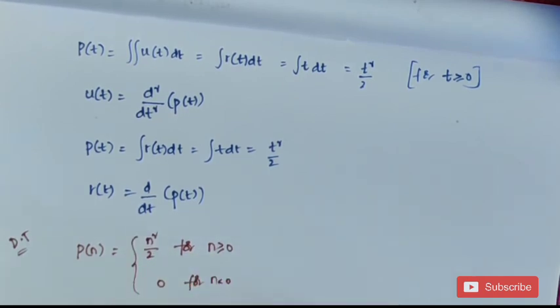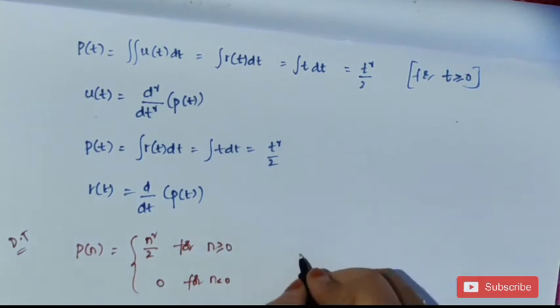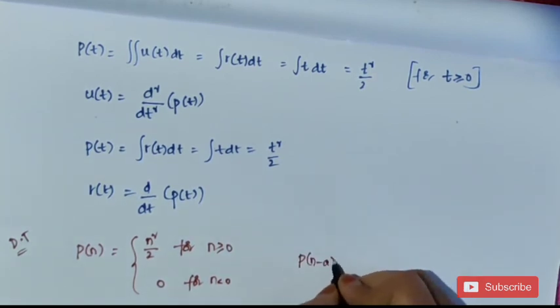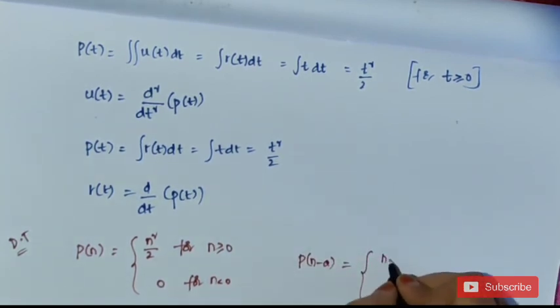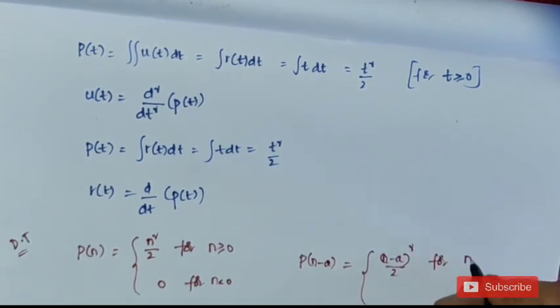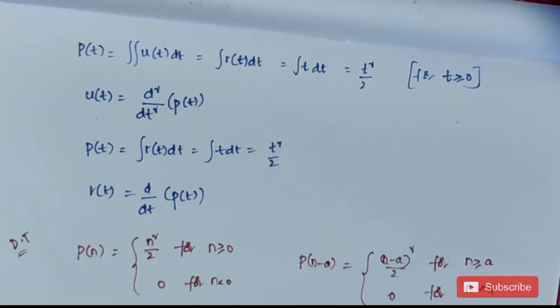The shifted version of the discrete time parabolic function is P of n minus a is equal to n minus a whole square by 2 for n greater than or equal to a and 0 for n less than a. This is the discrete time shifted version of the unit parabolic function, and this is the discrete time unit parabolic function.